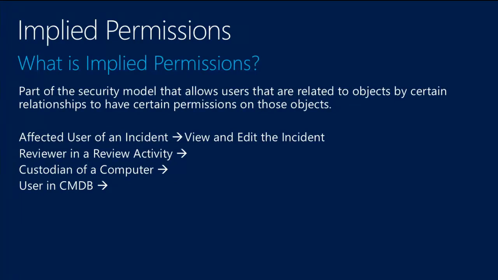Otherwise, you won't be able to update the incident or see it in the self-service portal. Implied permissions will give a reviewer in a review activity the permissions to vote on that review activity. Likewise, implied permissions will give the custodian of a computer the ability to view that computer CI.